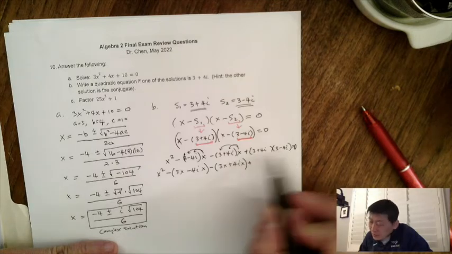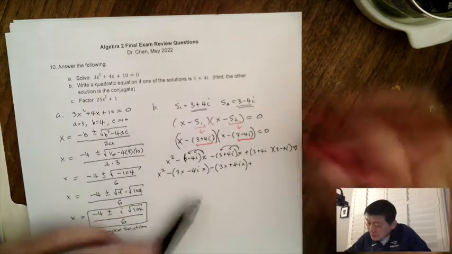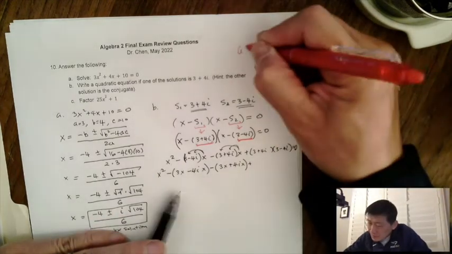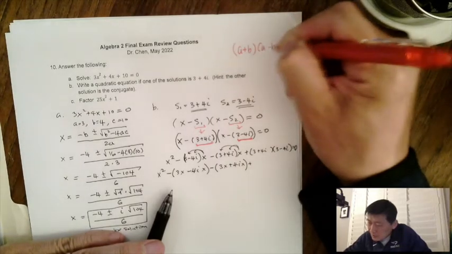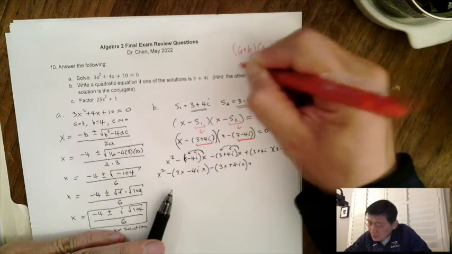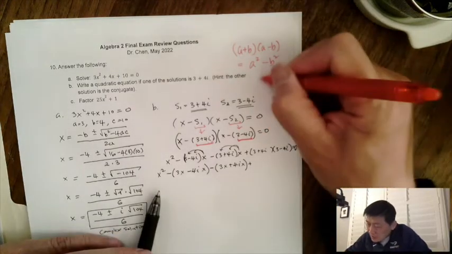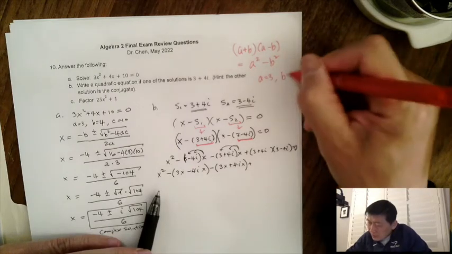Now this is (a plus b) times (a minus b), right? So let's think of it this way. Let's put it right here: (a plus b) times (a minus b). We end up with a squared minus b squared, right? And in this case, a is 3 and b is 4i.